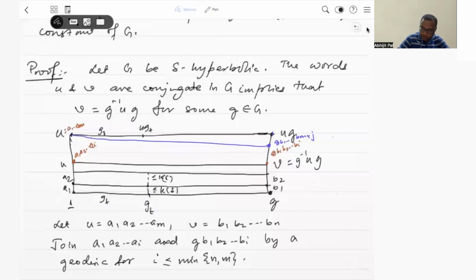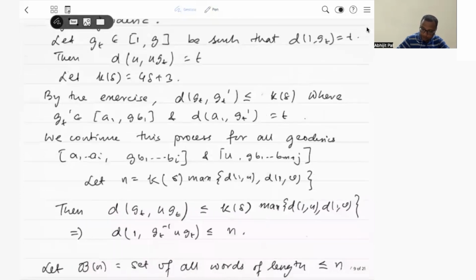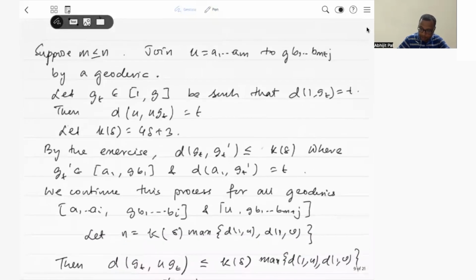Now observe the following thing. We are applying the exercise given in the last class. The distance between g_t and g_t prime is less than or equal to K delta, where g_t prime belongs to the geodesic joining A1 and g B1, and the distance between A1 and g_t prime is equal to t.